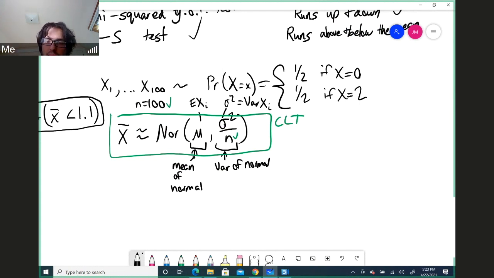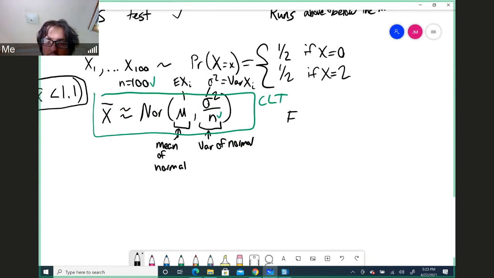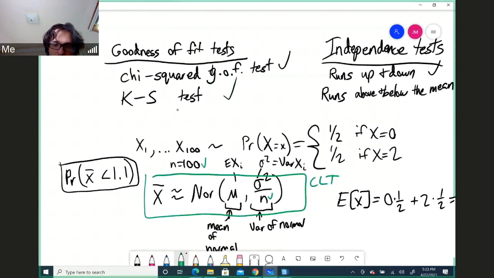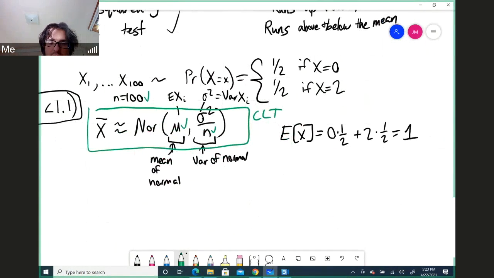But in order to calculate the actual E of x, we multiply x times the probability of x, which is 0 times 1/2, plus the other one, which is 2 times 1/2. And so that's equal to 1. So E of x is equal to 1, which means this mu is equal to 1.